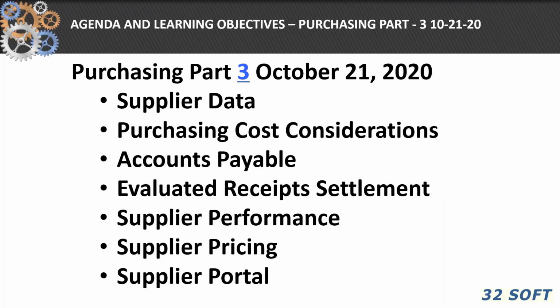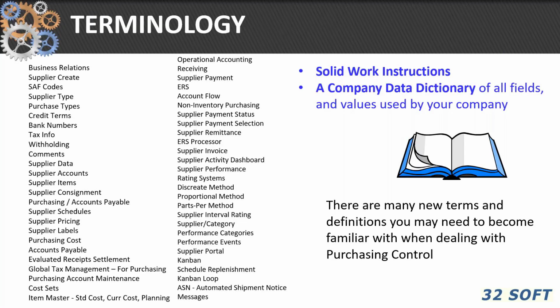So today, on the 21st, we're going to cover a little bit more about the supplier data, talk about some cost issues. We'll cover a little bit about accounts payable, talk about evaluated receipts settlement, supplier performance, the supplier pricing, and just look quickly at the supplier portal.